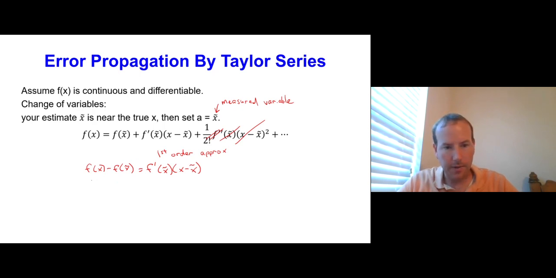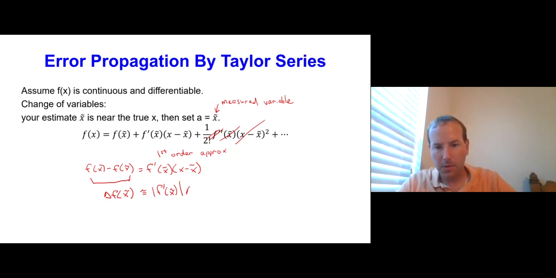And so we can collapse this into just a single term that replicates what I just said. This represents the difference between the measured prediction and the true prediction. And we're going to say that this is approximately equal to the absolute value of f prime of x tilde, the first derivative of f evaluated at our measured location, multiplied by the difference in x.